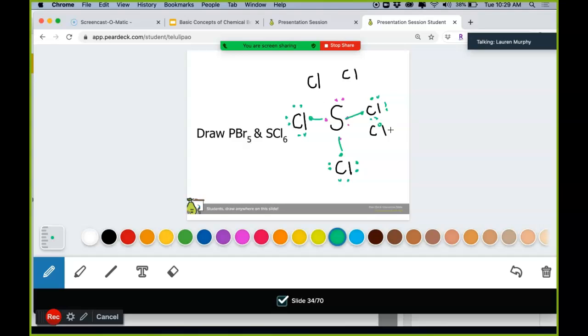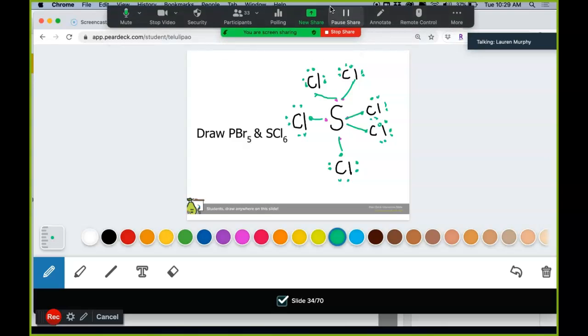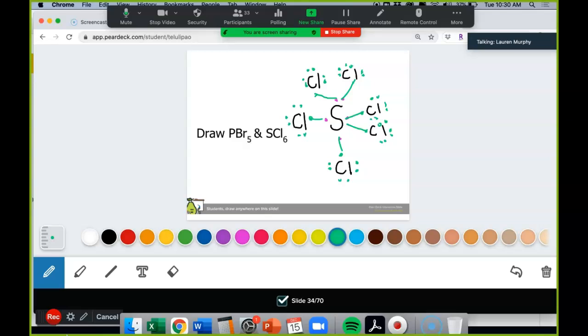Again, I'm ripping apart lone pairs. Sorry about this chlorine down here. Okay, and now sulfur has 12 electrons around it. That is definitely an expanded octet, but it is on your third energy level, so it is allowed to do that. Any questions?